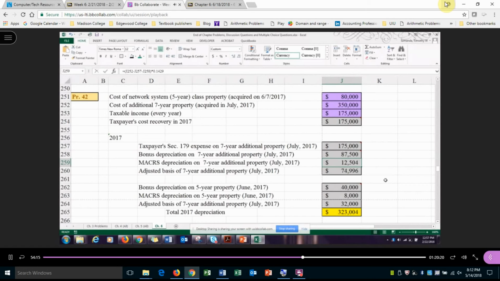If you go to page 613, you will see the tax tables related to the 7-year and 5-year property, and then they have also the 39-year non-residential property.